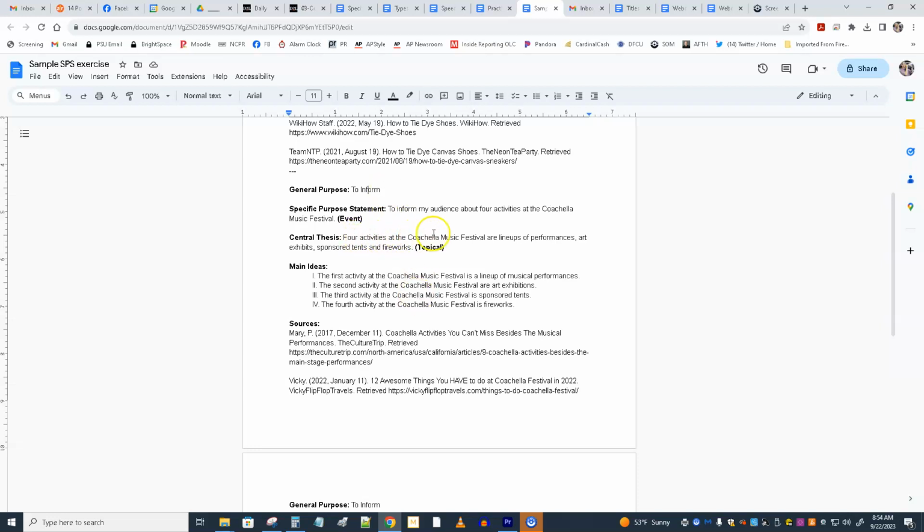The 4 activities of the Coachella Music Festival are lineups of performances, art exhibits, sponsor tents, and fireworks. These are not things that happen in order. They're just different parts of it. They're not arranged in space either, right? Like, for instance, if I did a presentation on the Statue of Liberty, the 5 parts of the Statue of Liberty, and that would be my SPS, to inform my audience about.